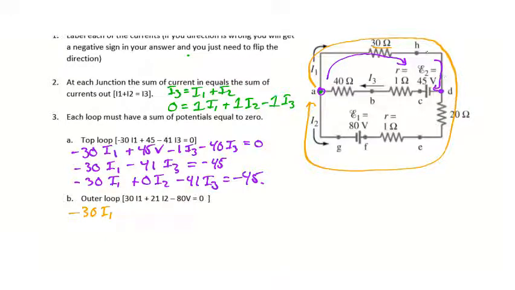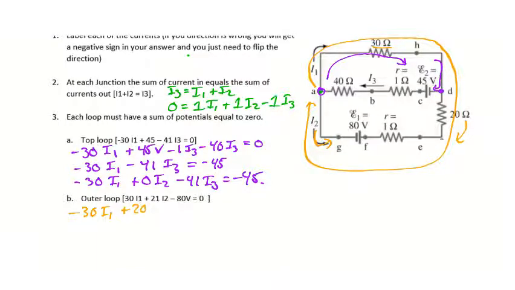Now I come down to junction D, and now I'm going to be along the current 2 branch. In this case, I'm going in the opposite direction of the current. Our current is going this way, but our loop is going in the opposite way. So we would normally subtract IR, but because we're going in the opposite direction of the current, we're going to add IR. So in this case, it's going to be plus 20.